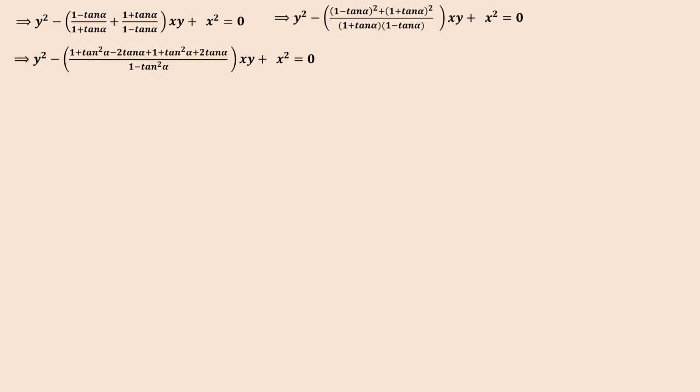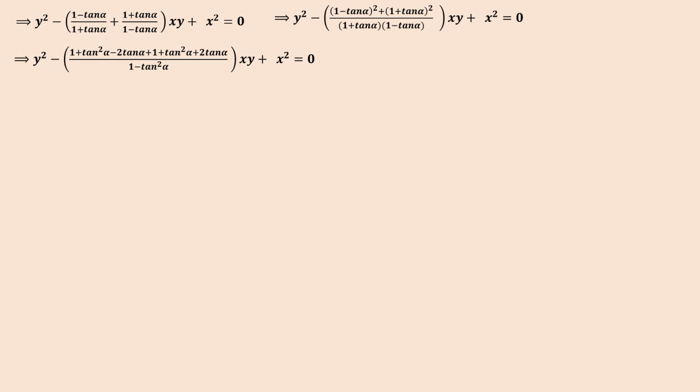You will get only x square equal to 0. Now we are going to take the LCM. So y square minus, taking LCM (1 plus tan alpha) into (1 minus tan alpha), doing the cross multiplication: (1 minus tan alpha) whole square plus (1 plus tan alpha) whole square, divided by (1 plus tan alpha) into (1 minus tan alpha), xy plus x square equal to 0.